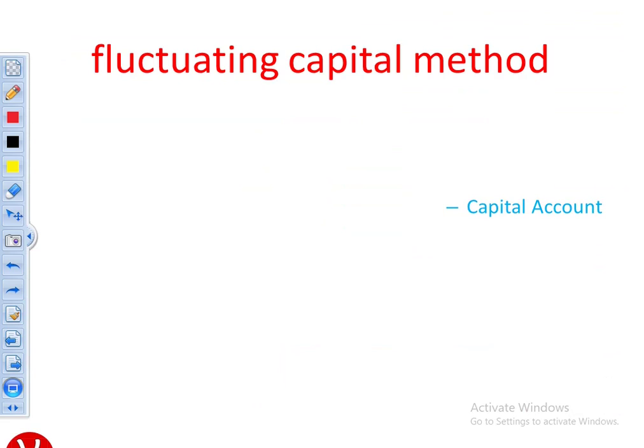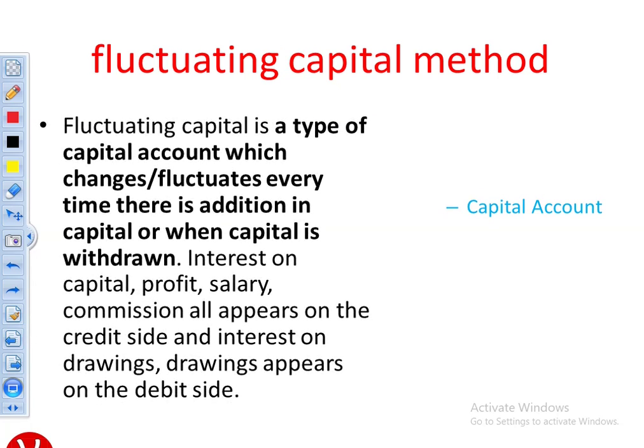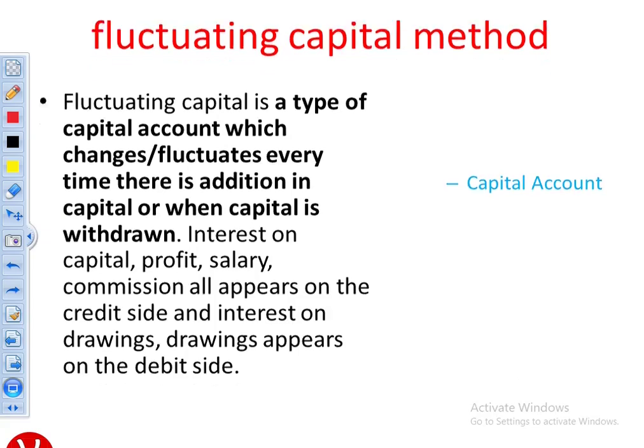The partners' capital account is the amount that they have invested in the business, which we have to maintain and see how much each partner has contributed. There are two methods in partnership for how we keep it. The first one is called the fluctuating method. As per this method, the amount that the partner invested in the business, this capital account will change.